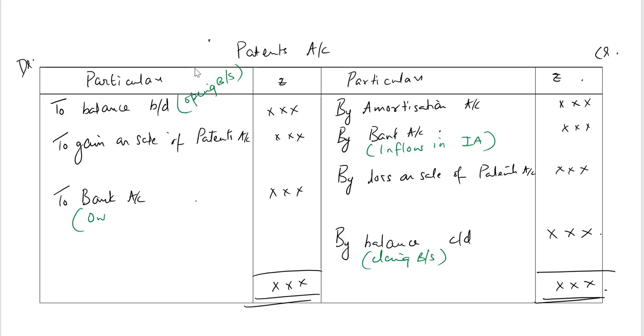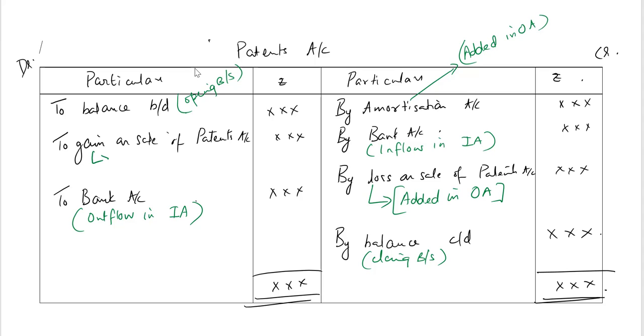Purchase of patents, outflow in investing activities. Amortization, added in OA. Loss on sale of patents is also added in operating activities OA, and the gain on sale of patents is deducted in OA. So this is a format of the patents account.